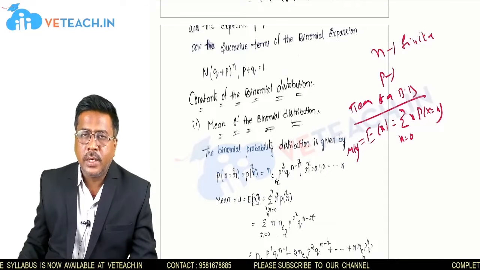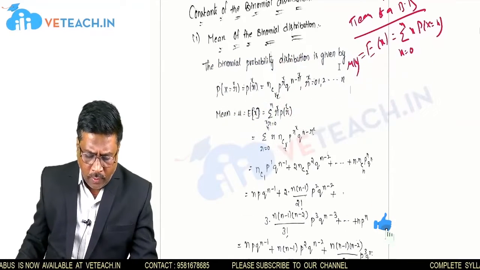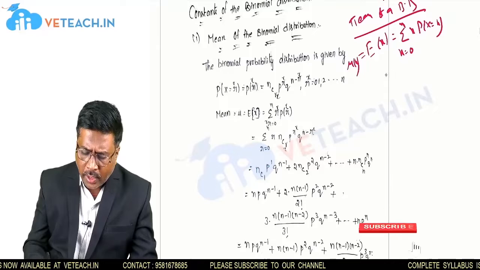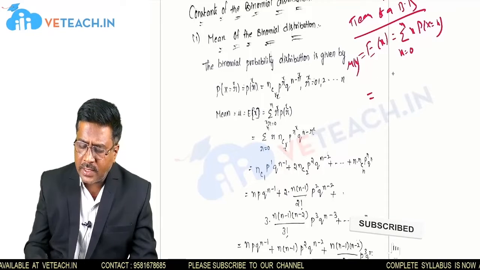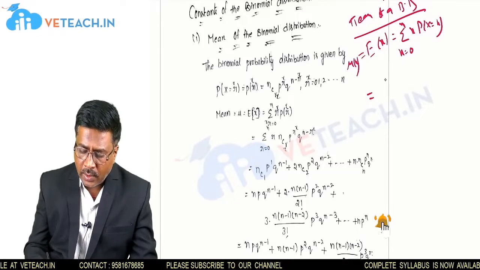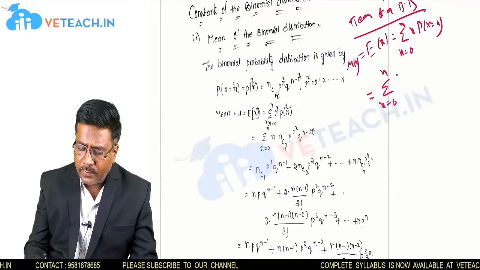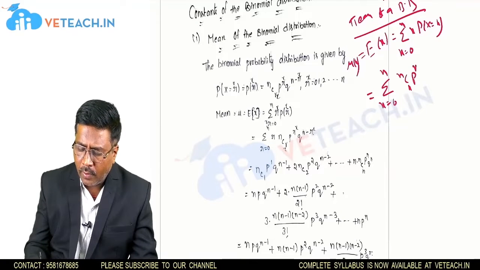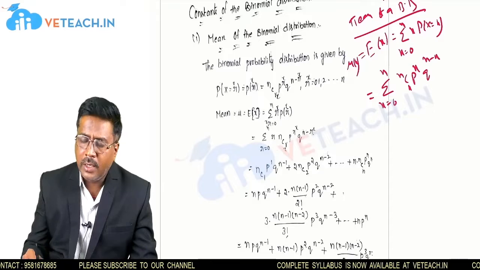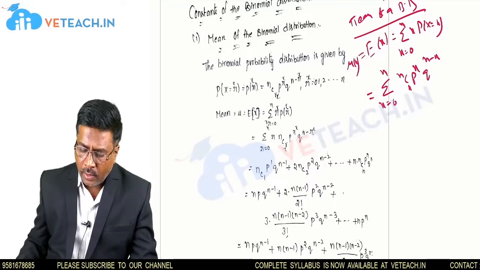This is for discrete distributions only. Therefore, sigma x equal to 0 to n, where p of x is nCx into p to the power of x into q to the power of n minus x. Will you catch my point?